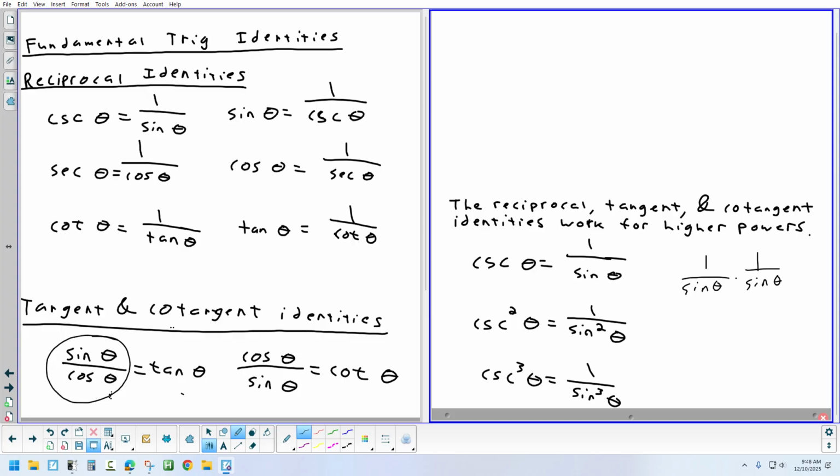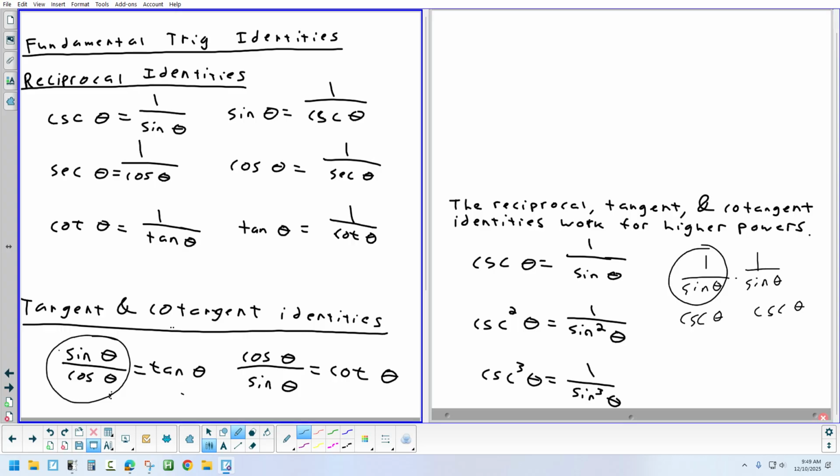Well, if you did each one of these individually, 1 over sine is cosecant, and 1 over sine is cosecant. And whenever you multiply two things that are the same, you get that to the second power. So that's cosecant squared. Any of these ones that are on the board on the left side, they all work with higher powers.